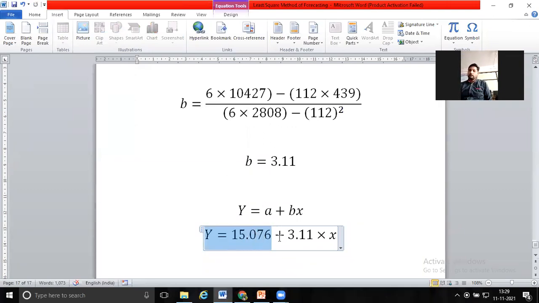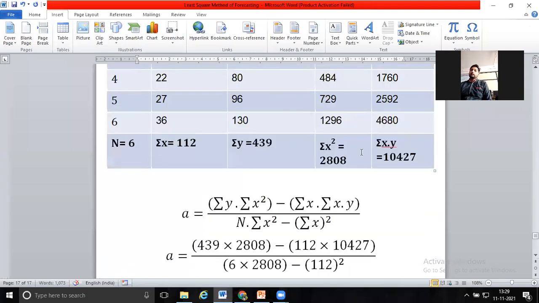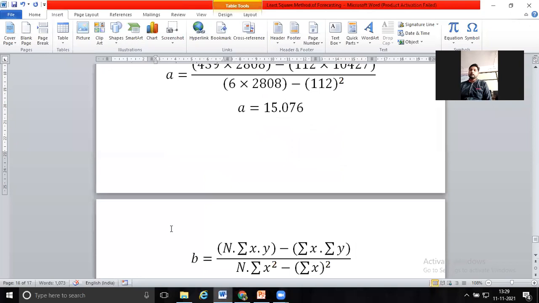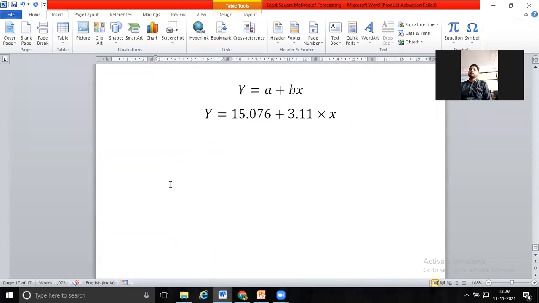Now, we have to determine the demand of a washing machine for the population of 45 million. Okay, so that is nothing but what we are considering this population as the deviation. Last deviation was 36 and we have to determine the demand for the deviation of 45.